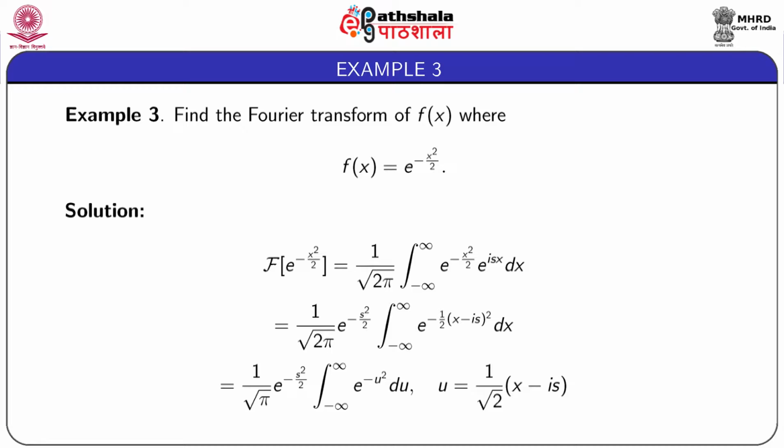So, the next step becomes equal to 1 by root over 2 pi e to the power minus s square by 2 integral minus infinity to plus infinity e to the power minus half x minus I s whole square dx, which is equal to 1 by root over pi e to the power minus s square by 2 integral minus infinity to plus infinity e to the power minus u square du, where u is given by 1 by root 2 into x minus I s.